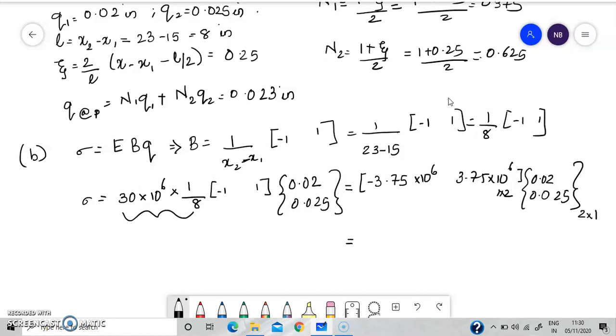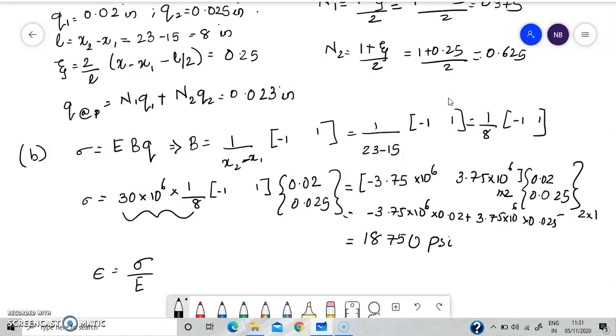When we multiply these two, we should get just one value, and this works out to be 18750 psi. So this is how we get it. It's minus 3.75 into 10 to the power 6 into 0.02 plus 3.75 into 10 to the power 6 into 0.025. We found out the stress. Now the strain is given by stress upon Young's modulus.